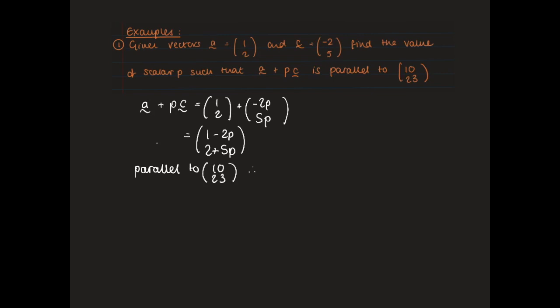So what that means is this vector is equal to some scalar times (10, 23). If I equate the vertical and horizontal components, I end up with two simultaneous equations.